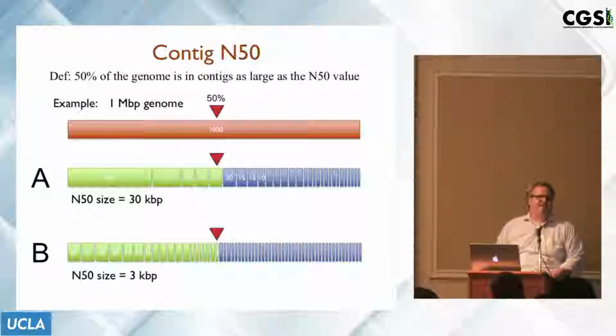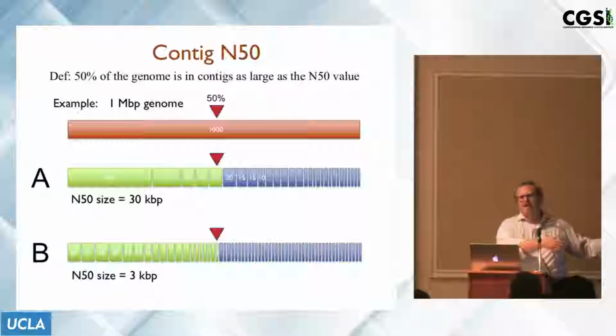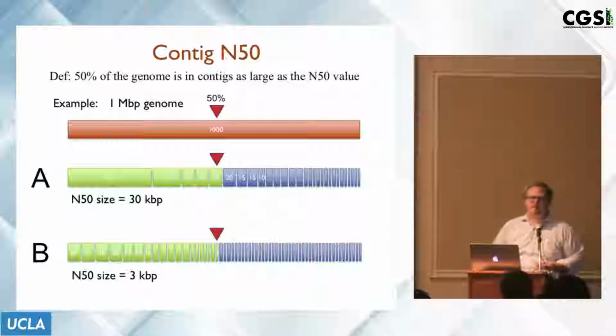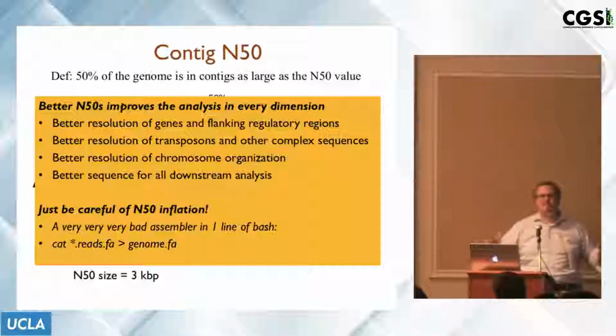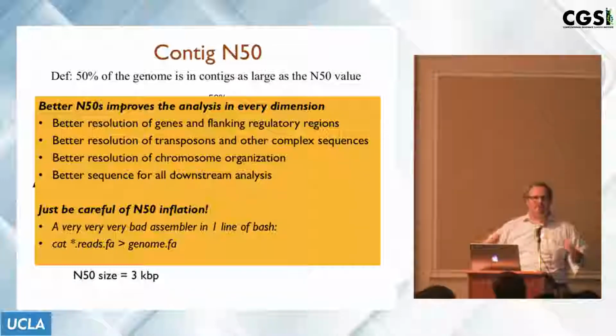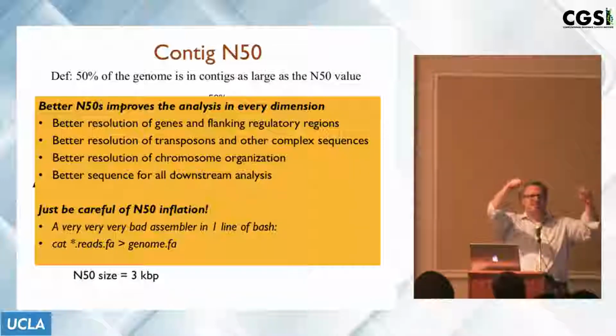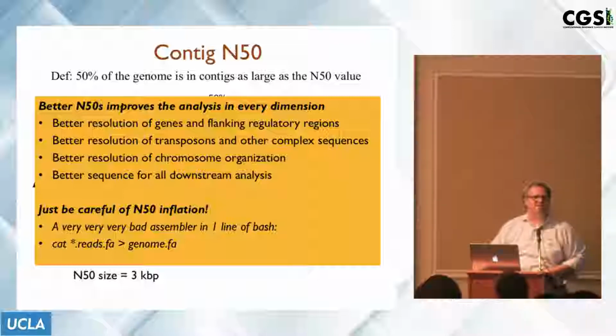Of course, if you knew the rest of the distribution, that would be good too, because you could have funny things at the halfway point that are not representative. But in general, something like this is what you're going to see in almost every project. If you read any genome paper, for a while it was buried in the supplement, then it was in the abstract, and now unfortunately it's getting buried in the supplement again.